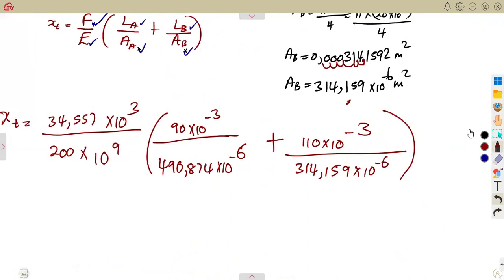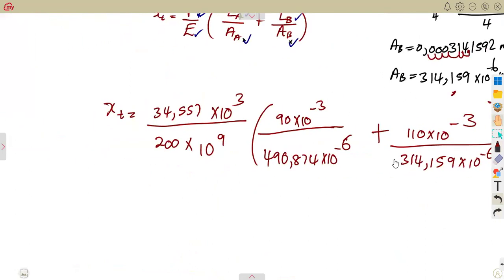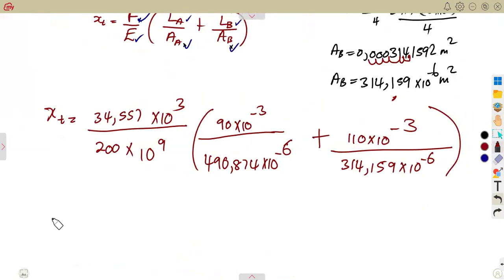As it is like this, it is going to give us the total change in length, the final extension, in meters. That was going to be 0.0004, there are 4 of them, then 9218 in meters.